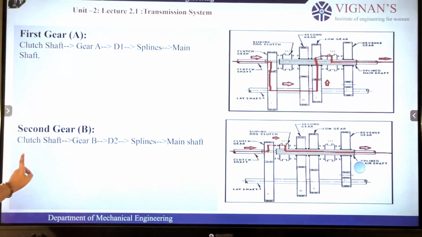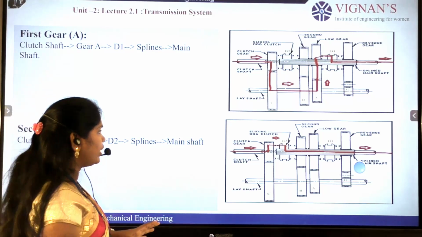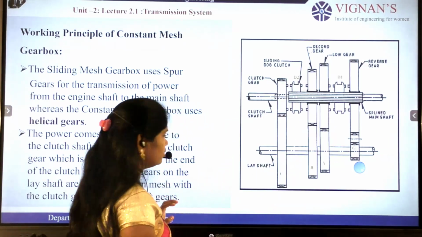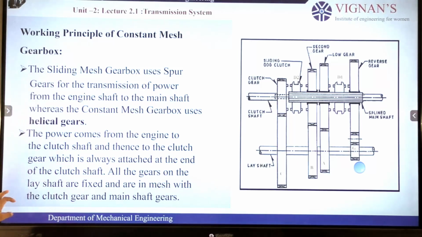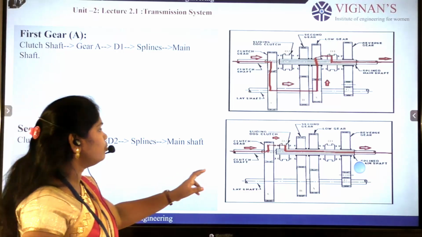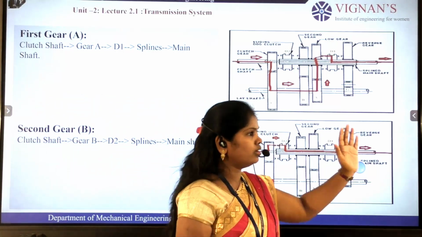Next, the second gear. The second gear will apply when the driver moves this dog clutch to the right side.